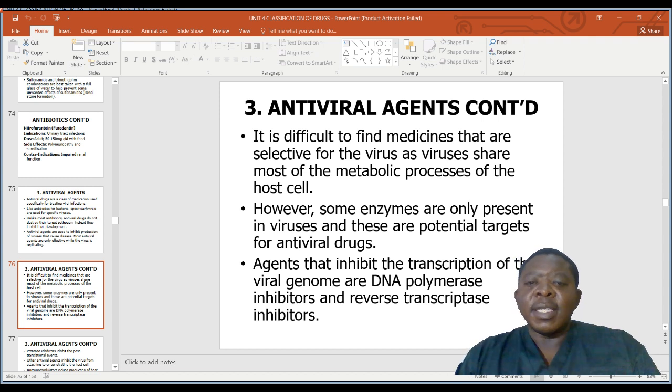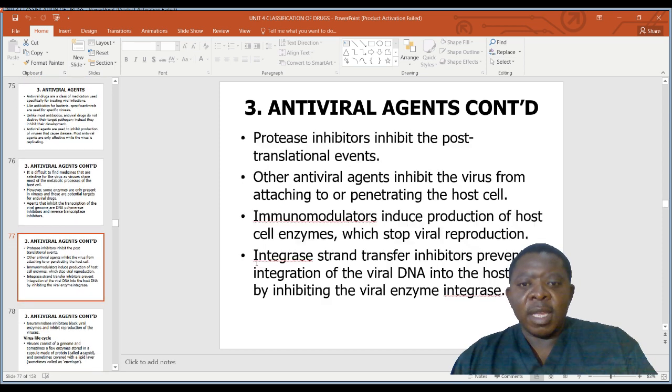Agents that might inhibit the transcription of the viral genome are DNA polymerase inhibitors and reverse transcriptase inhibitors. Protease inhibitors inhibit post-translational events. Other antiviral agents inhibit the virus from attaching to or penetrating the host cell.